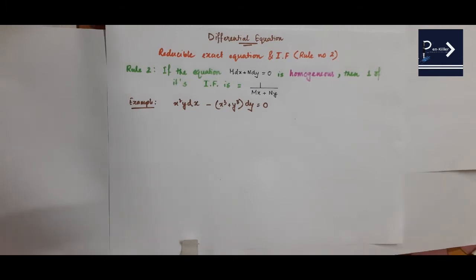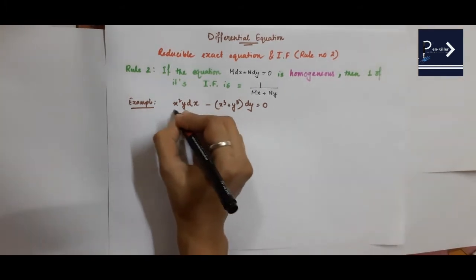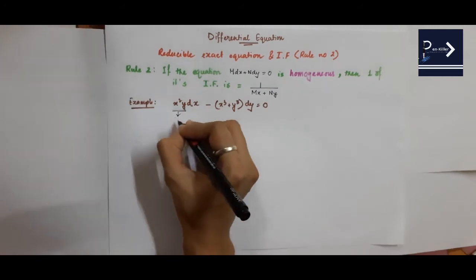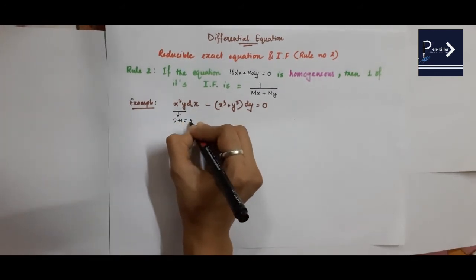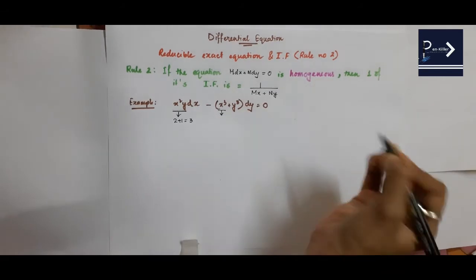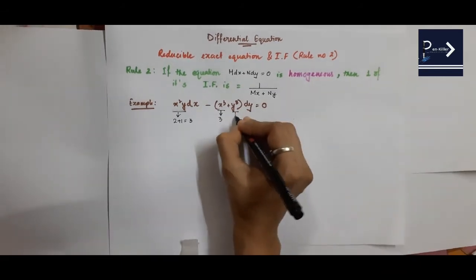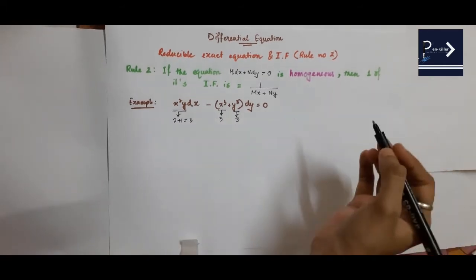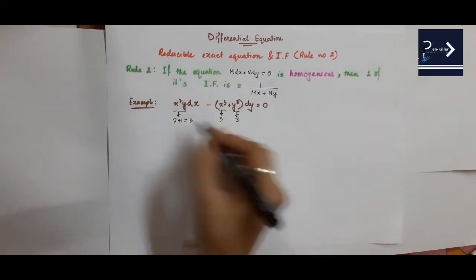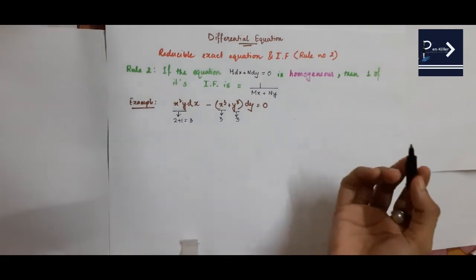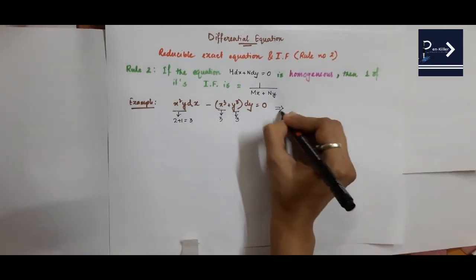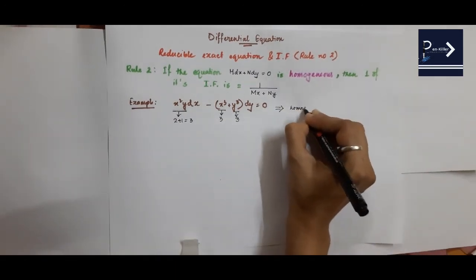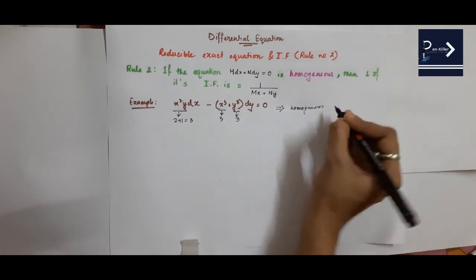Here, the degree is 2 plus 1 equal to 3. Here its degree is 3, and this one's degree is 3 too. So the degrees of all the terms in this equation are the same, so we can say that this is a homogeneous function or homogeneous equation.